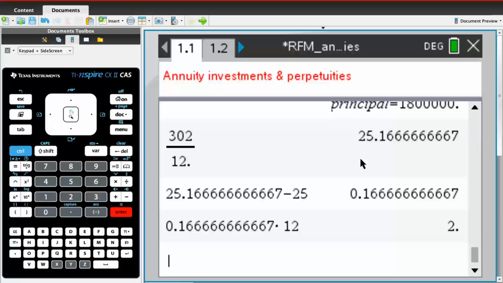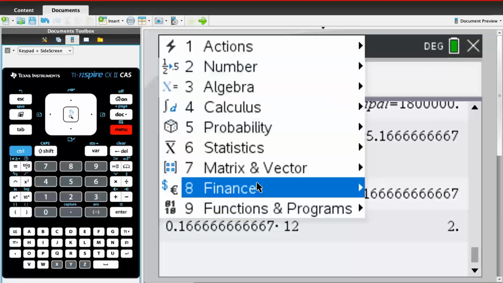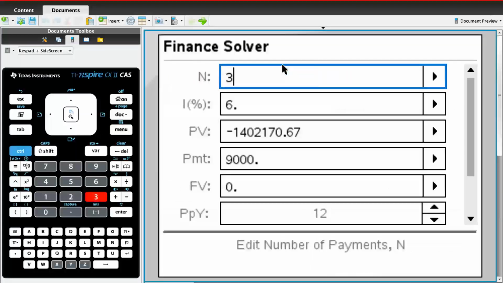Okay, and so the final part of that question is to consider what happens with the final payment. Now, he could work out what happens. So let's go back into the solver, menu, finance solver. And let's say it was 302 payments.